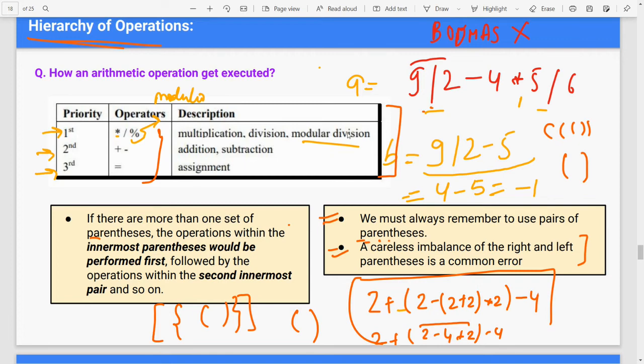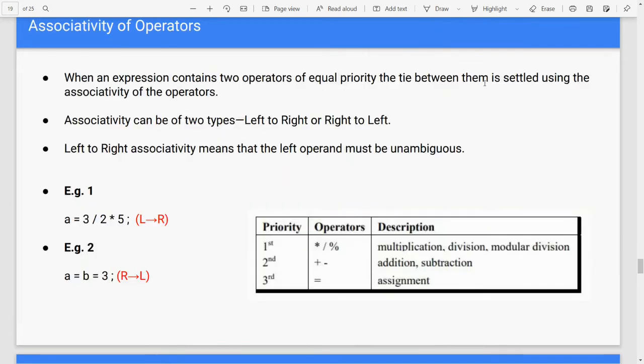Let's move ahead. The main thing now is the associativity of operators. This is what I was talking about. When an expression contains two operators of equal priority, let's focus on this. You can see that here this division, this multiplication, and this division are on the same priority list.